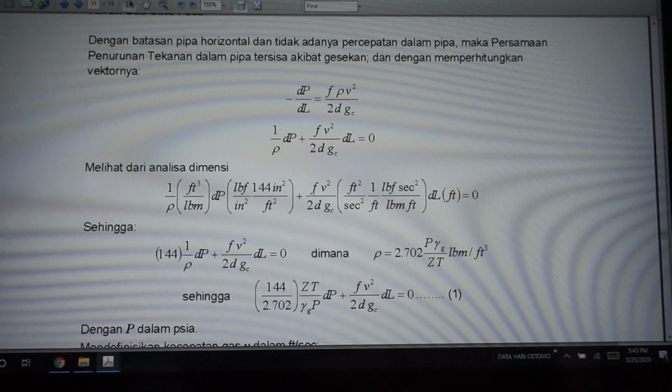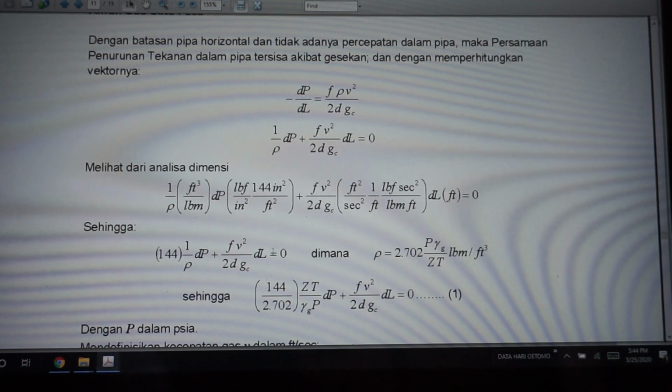And the friction factor is dimensionless. The velocity is in feet per second. D is in feet. Remember feet in here. And gc is pound mass feet per pound force second squared, and L in feet. So if we put everything in here, we have this equation.